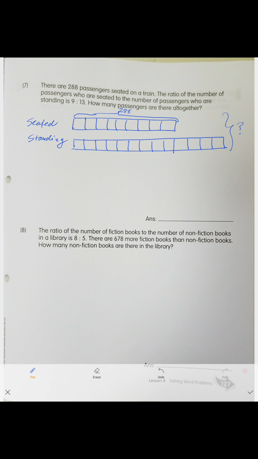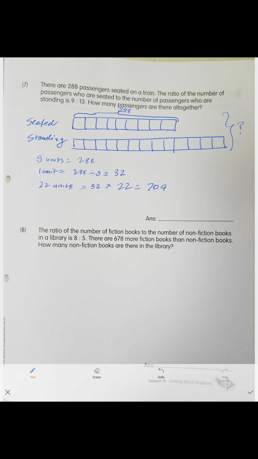That's it, easy. 9 units is clearly 288, so one unit is 288 divided by 9, which is 32. And 22 units is the total, this 9 units plus 13 units. So 32 times 22, right?